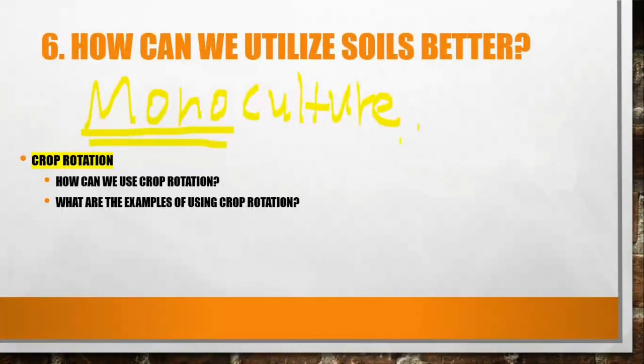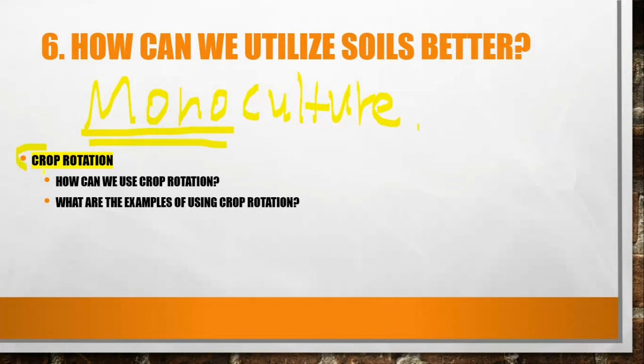Like if it's corn, the next year will be corn again. Another year it will be corn again, those kind of things. The reason it's not the best practice is because some of those crops use the same type of nutrients. So unless you recycle some of those nutrition in the soil, that's a way that you can, how can I say, continue this monoculture.